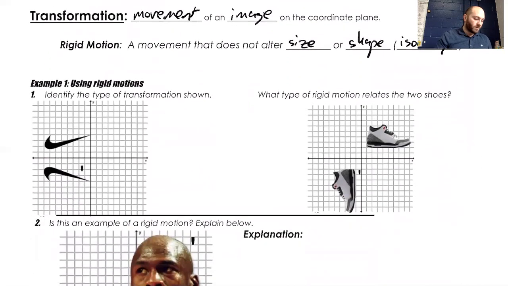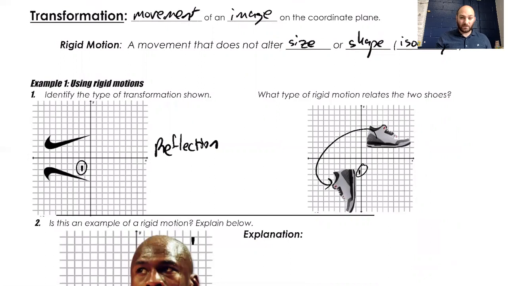So take a look at these. You can see here's my prime there. We've got a shoe and its prime. So what type of transformation is that? You can see that it's a mirror image there. So that is a reflection. In this one, here's my prime shoe here. This one looks a little bit tricky. Some people are going to say, isn't it rotating around like this?